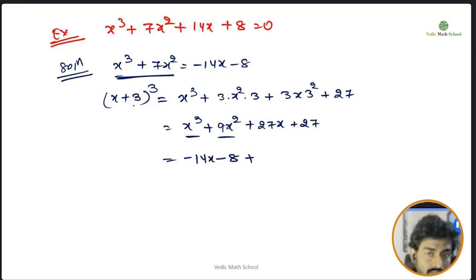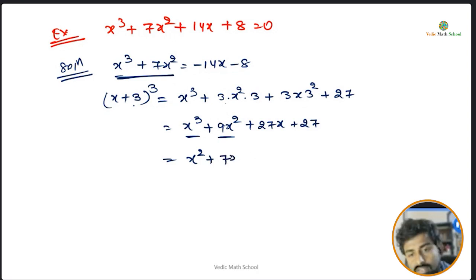Now here plus 2x square is extra. Look at this. We can write down this 9x square equal to 7x square plus 2x square, right? We can write down x cube plus 7x square plus 2x square. I write down this 9x square into this format plus 27x plus 27.